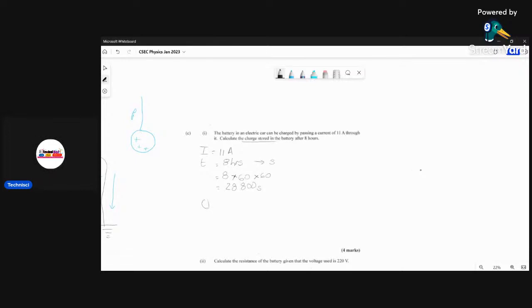Excellent. So Q is equal to I times T, that is 11 amperes times 28,800 seconds. And when I did that, I got 316,800. Did you get that answer?